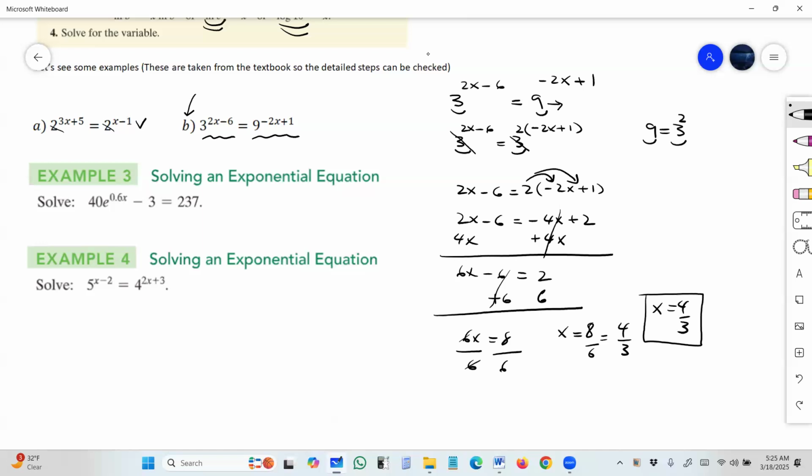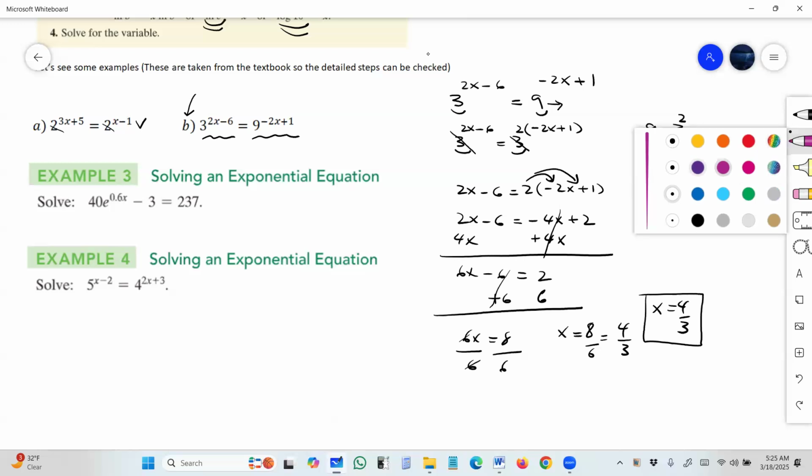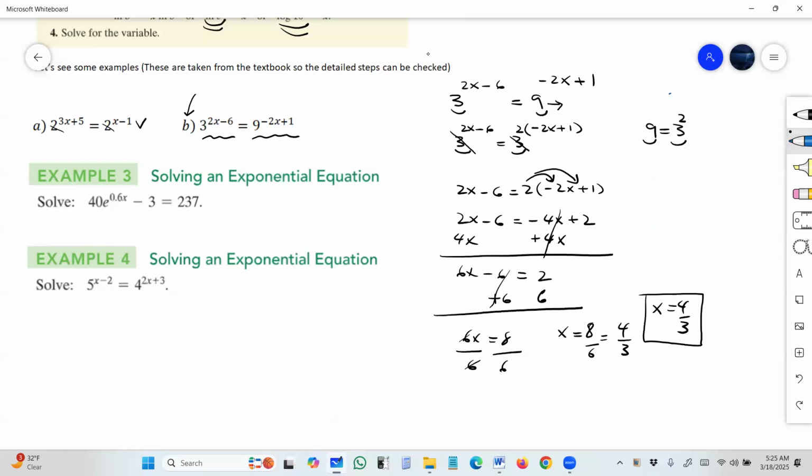So this is type 2: in the event that the bases can be made the same, then we should do so, right? 3 and 9 can be made the same with this conversion right here.